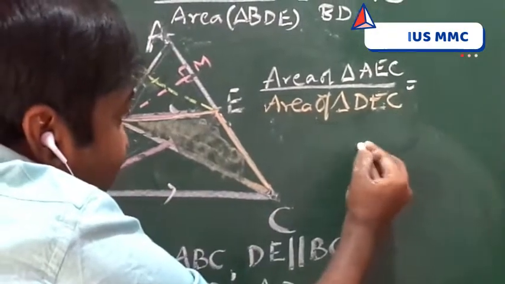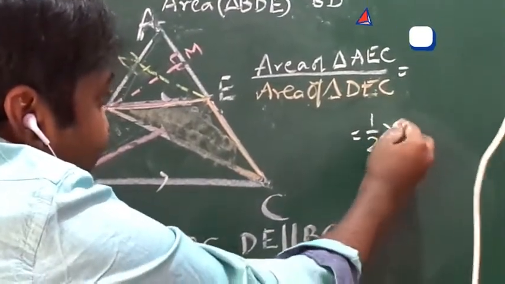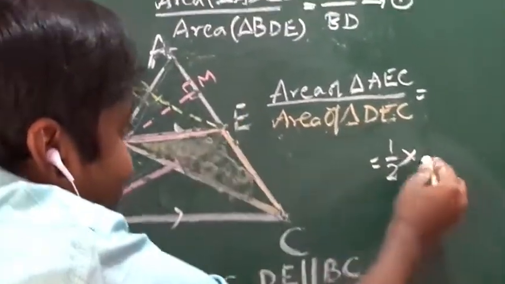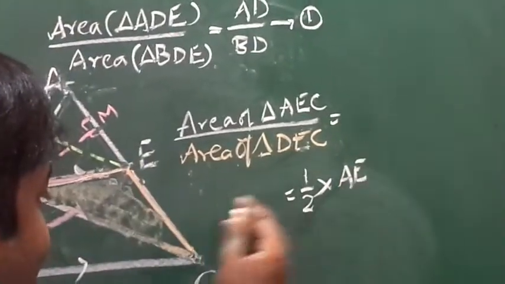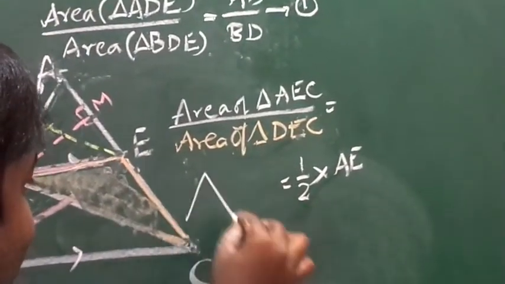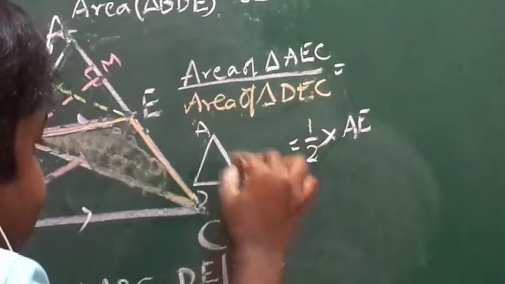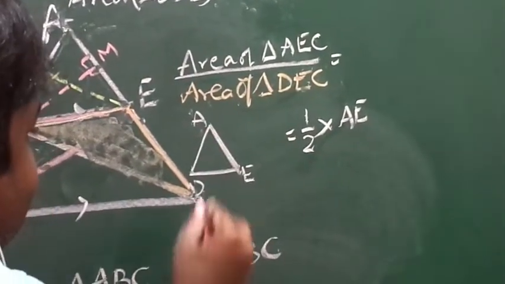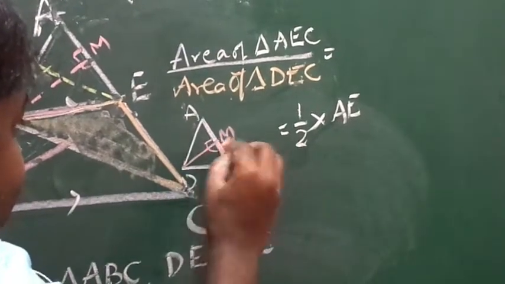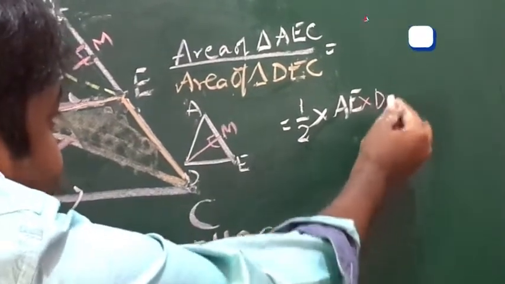Right here equals half into base AE. We have to think like this: A, E. This is the base, and the height is DM.